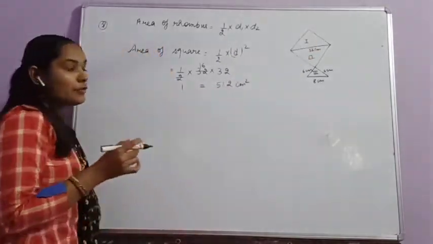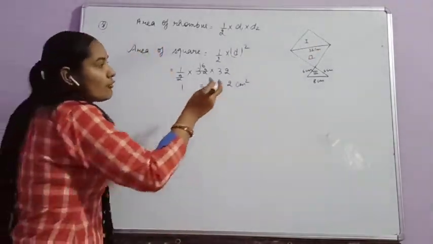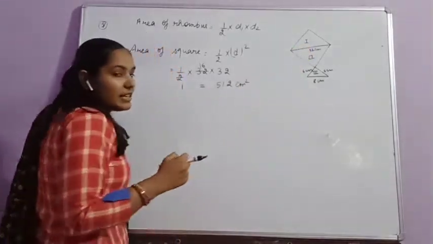We know that the area of the first portion and second portion is equal.